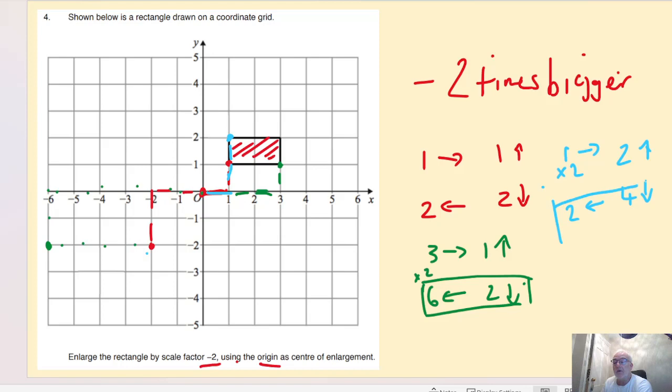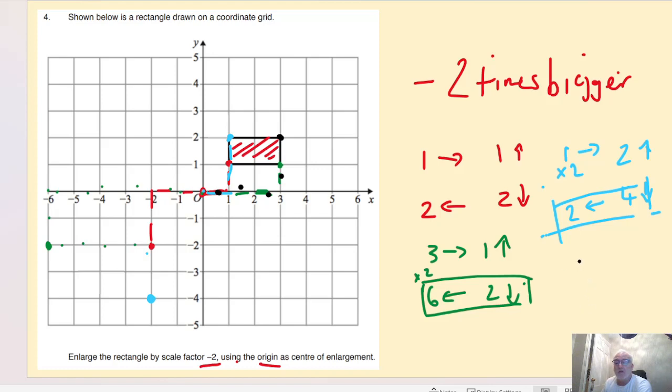And again, that's the one I'm looking to plot. So from my centre of enlargement, 2 to the opposite, and then 1, 2, 3, 4. And that's my vertex.